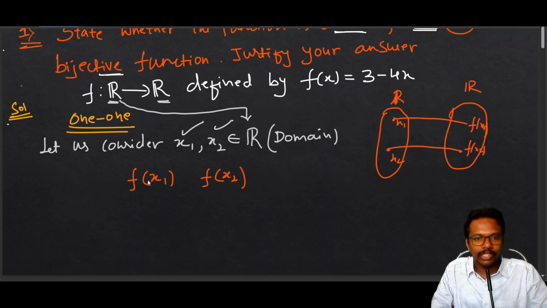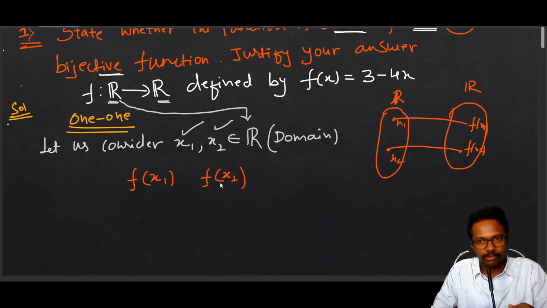Every element of A has one and only one image. That condition is satisfied here because f is a function. They have given that f is a function.